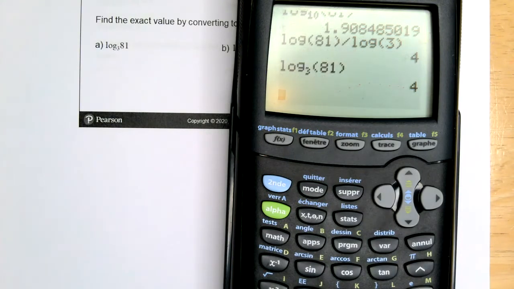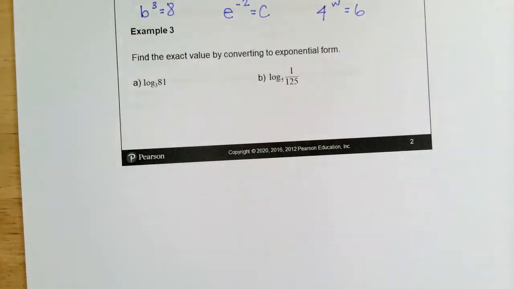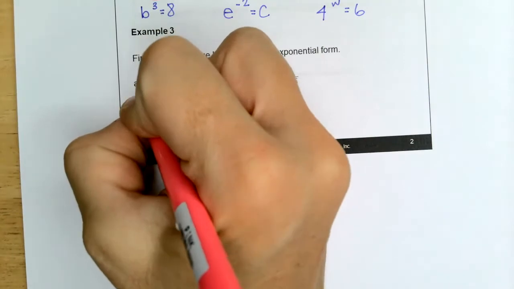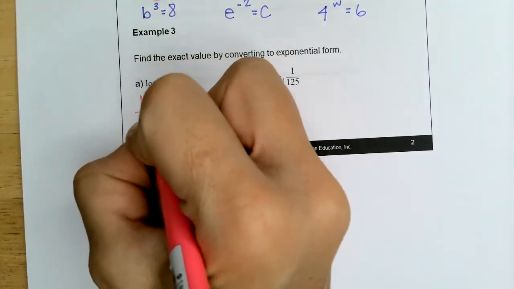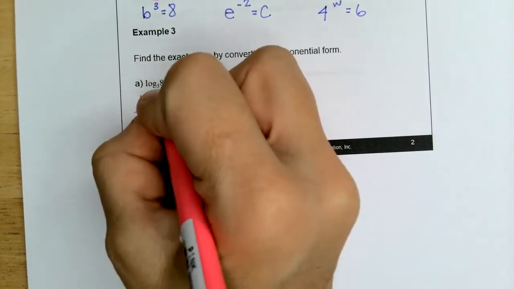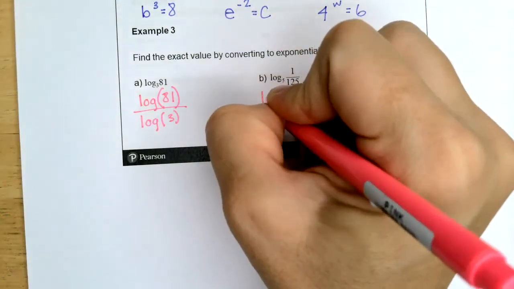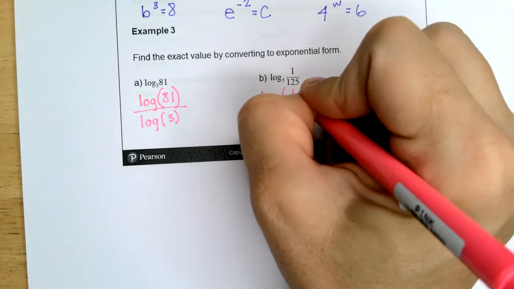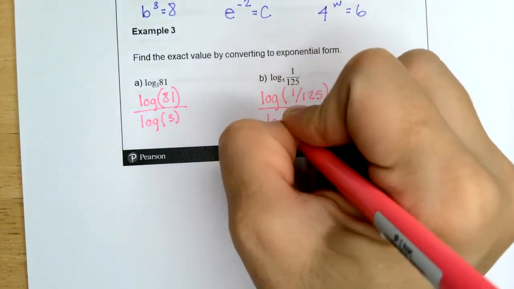Good? All right. So the log base 3 of 81 can be rewritten as the log of 81 over the log of 3. Good. The log base 5 of 1/125 can be rewritten as the log of 1/125th divided by the log of 5.